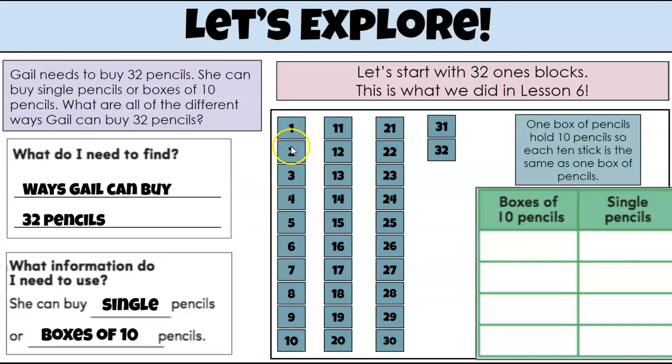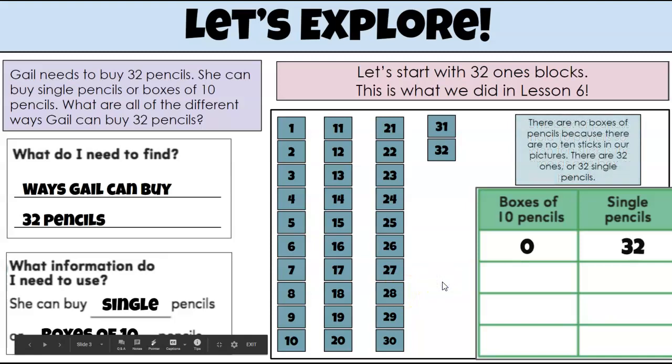So this is one way to draw it. As you can see on your paper, they went ahead and drew it for you, so you can trace over those if you want to. That's fine as well. They're all typed out here because I like them typed out like that. So we have 0 boxes of 10 pencils and we have 32 single pencils.